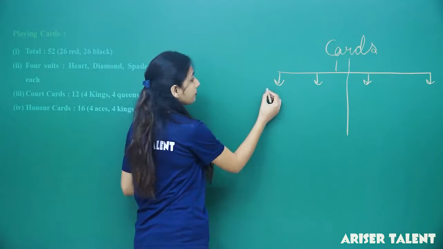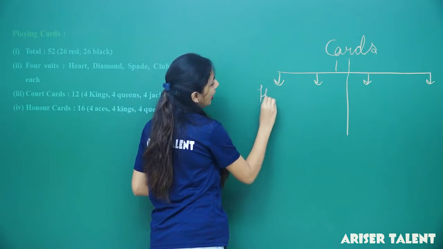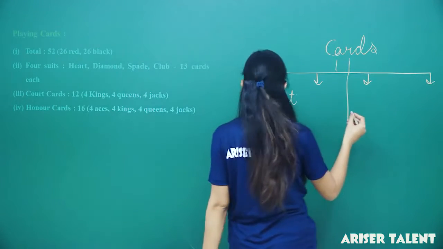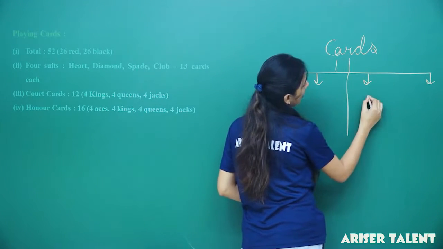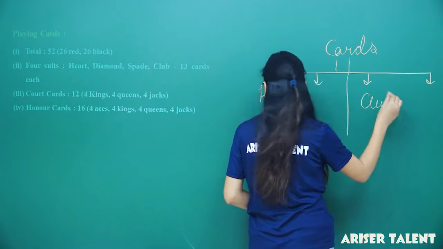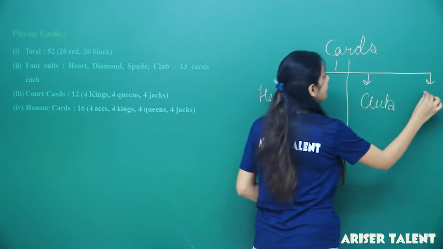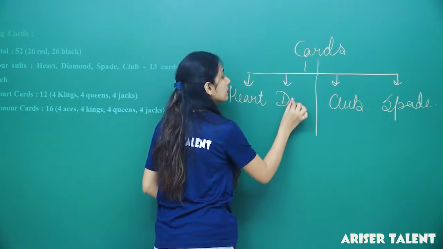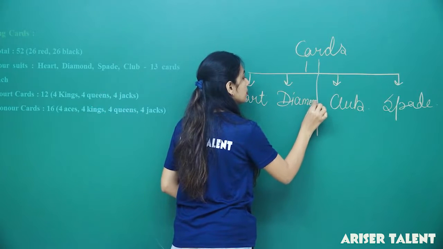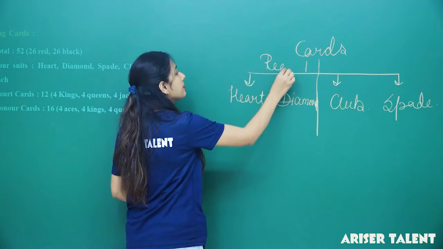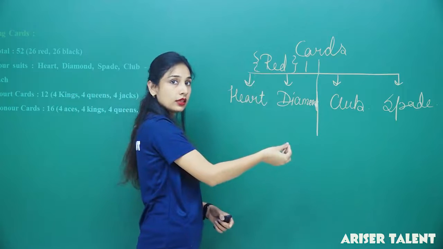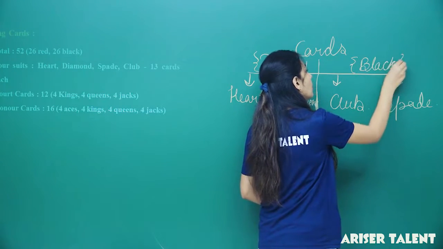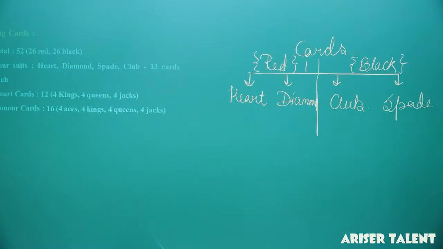If we talk about this, heart is here, then we have club here in the black one, then we have spade and the diamond. So basically this is the red side, the reds in the card, and this is the blacks. Okay, note it, students.